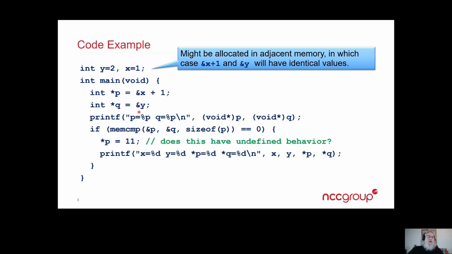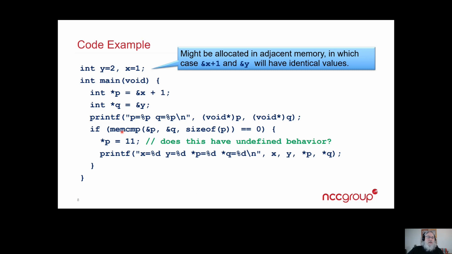If they are, then we're assigning q equal to the address of y, but we're assigning p equal to the address of x plus 1. So if y is right after x in memory, there's a good chance that x plus 1 is the same address as the address of y.